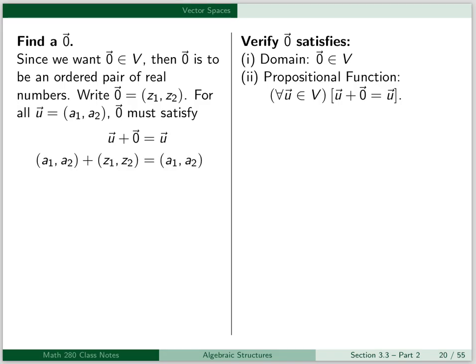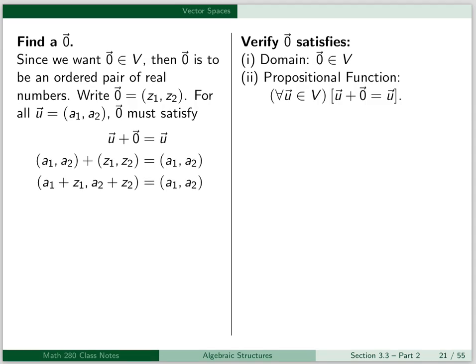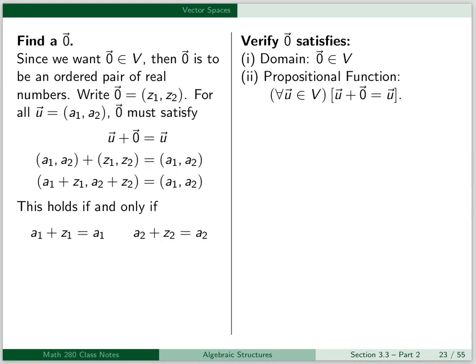And this is (a1, a2) plus (z1, z2) equals (a1, a2). And on the left side, this will be (a1 plus z1, a2 plus z2). And now we have two ordered pairs equal to one another. And so this equality holds if and only if the first components are equal, a1 plus z1 equals a1, and the second components are equal, a2 plus z2 equals a2.